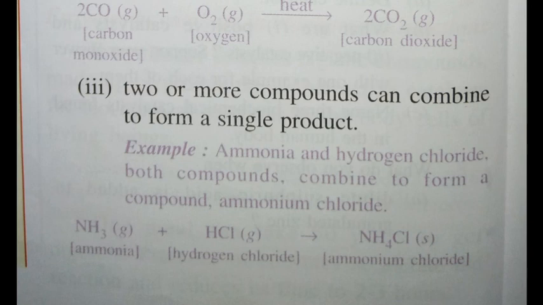Combine to form a compound, that is ammonium chloride. NH3 plus HCl gives NH4Cl. NH4Cl is the molecular formula of ammonium chloride and it is another compound. When two or more compounds combine together, we will get another compound.